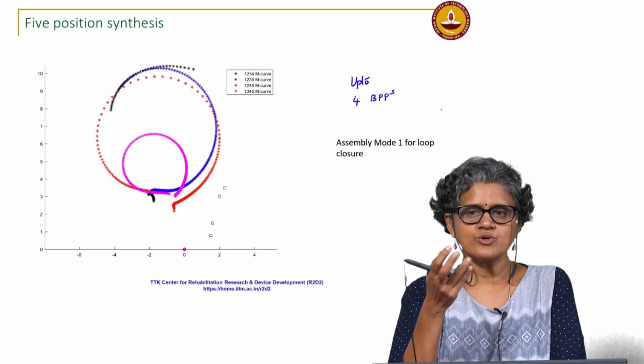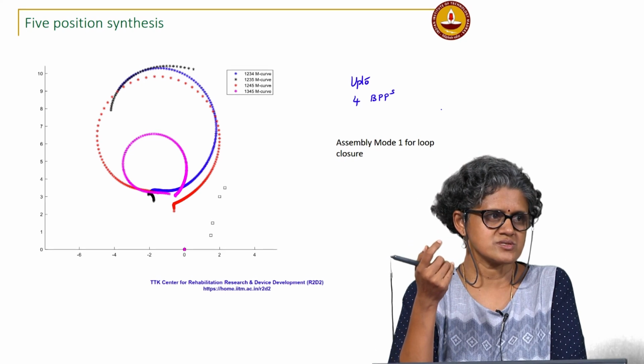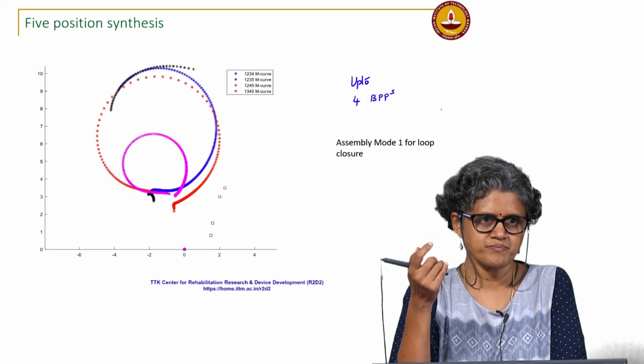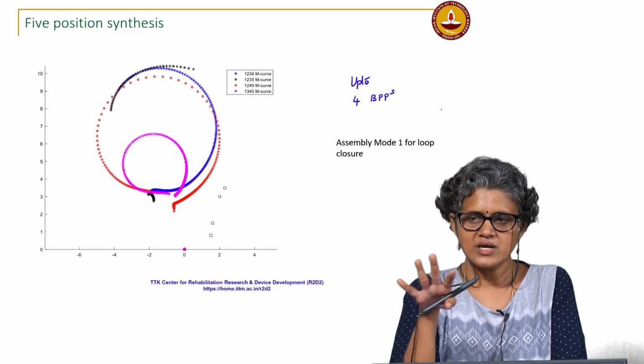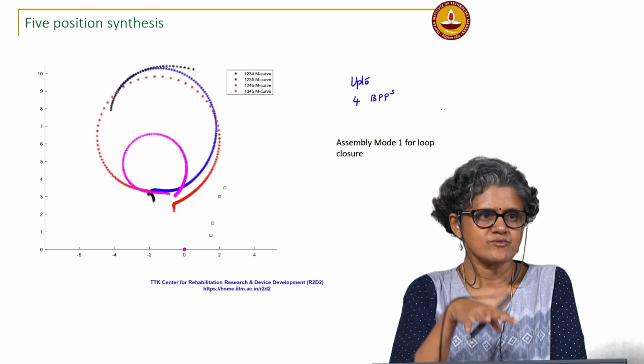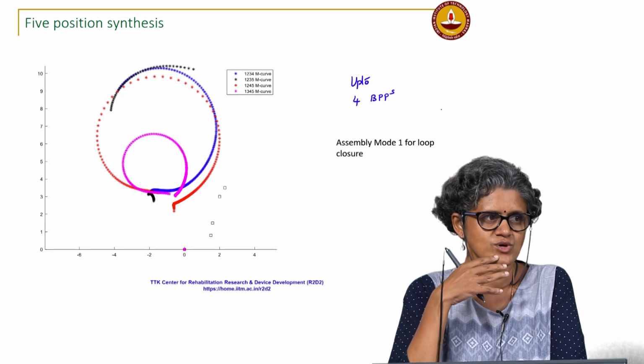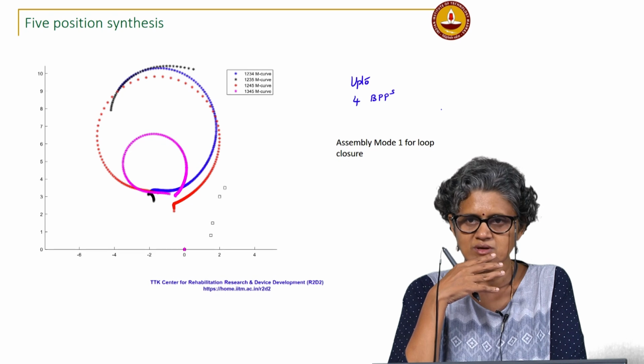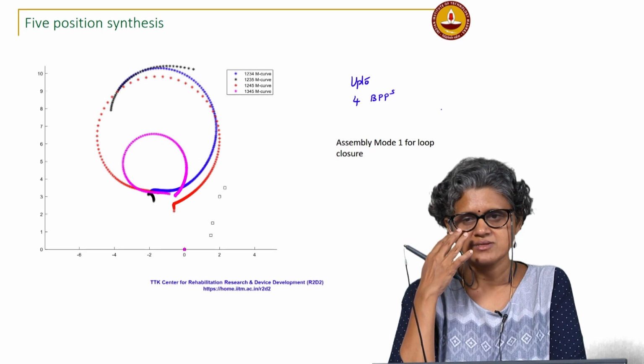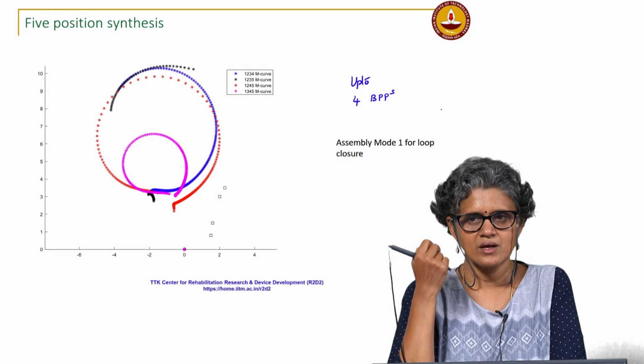So, you will have 0, 2 or 4 solutions for the 5 position problem. Okay. So, you can get 4 Burmester point pairs for solving this 5 position synthesis.